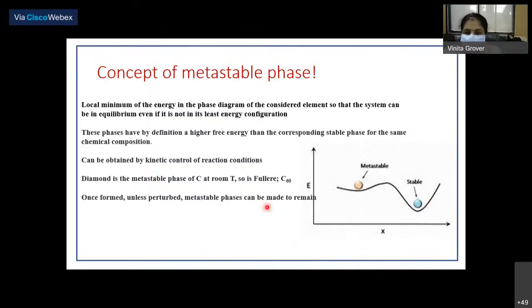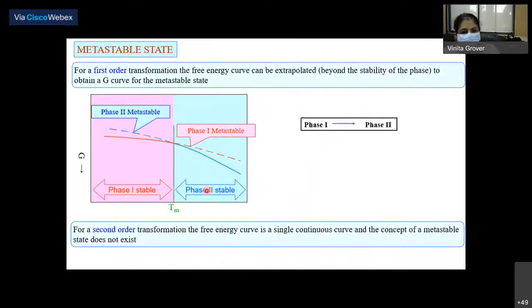So metastable phases, if they have enough energy minima, even though it is not the absolute minima, which is the stable phase, once they are formed, unless perturbed, they can be made to stay in that particular energy state. This we have already talked about. For a second order phase transformation, the free energy is a single continuous curve and the concept of a metastable state does not exist for that.